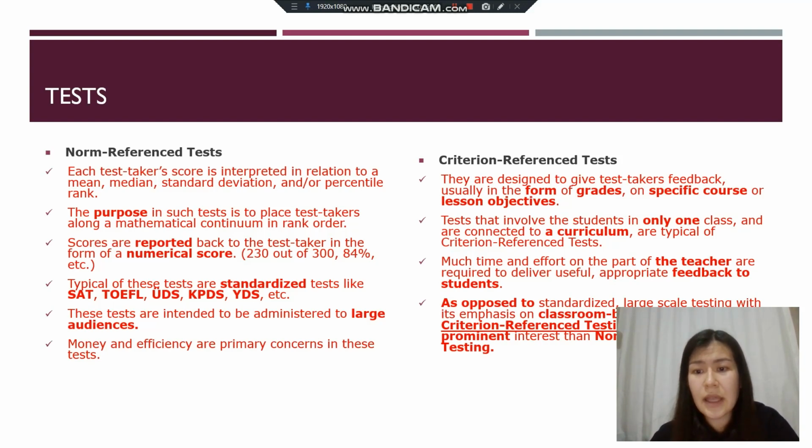Much time and effort on the part of the teacher are required to deliver useful, appropriate feedback to students. As opposed to standardized large-scale testing, with its emphasis on classroom-based testing, criterion-referenced testing is of more prominent interest than norm-referenced testing.